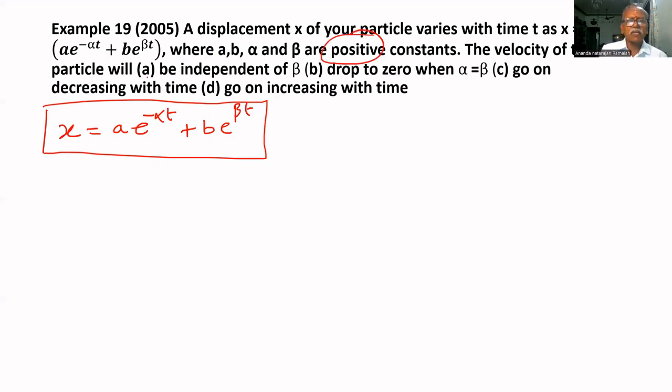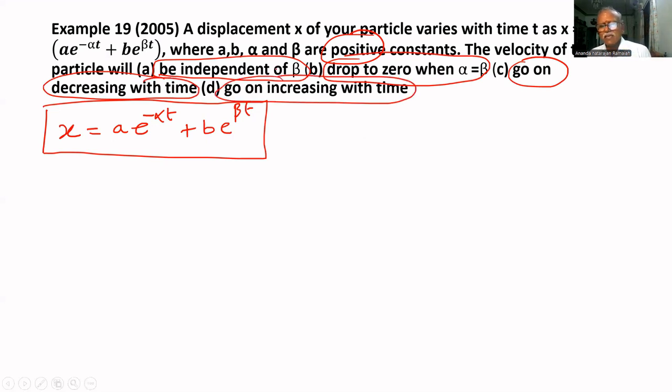The question is: the velocity of the particle will be (A) independent of beta, (B) drop to 0 when alpha equal to beta, (C) go on decreasing with the time, (D) go on increasing with the time. Option D says if you increase t, it will increase.